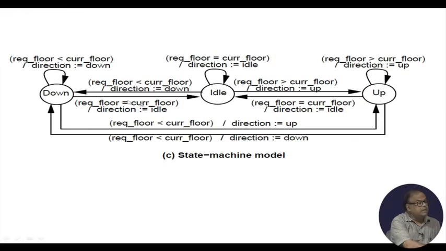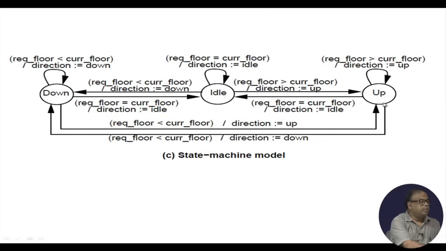If the request floor is the same as the current floor, that means it has reached the desired floor, then it will come to idle. Sorry, the state will be idle. Now, again from idle, if the requested floor is higher than the current floor, it will start going up, and the same thing continues.